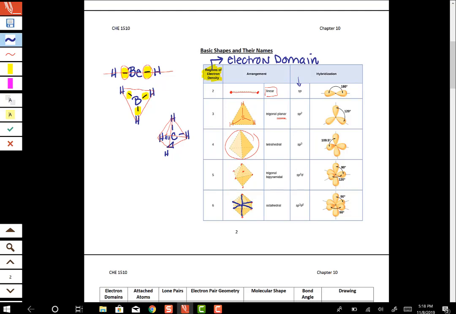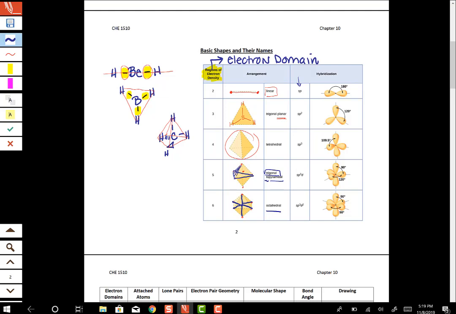And when you try to draw a face connecting each of those atoms, you end up with 8 faces, which is where the octahedral comes from. And this one up here, see how there's a triangle in the center? That's where the word trigonal comes from. And then bipyramidal: bi is 2, and pyramidal is obviously a pyramid.